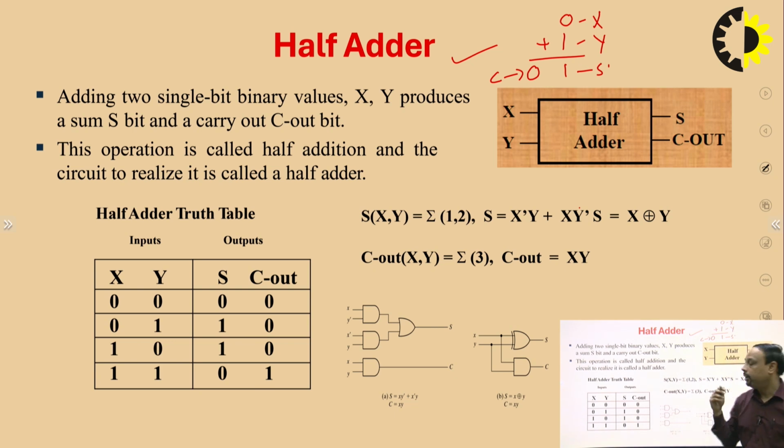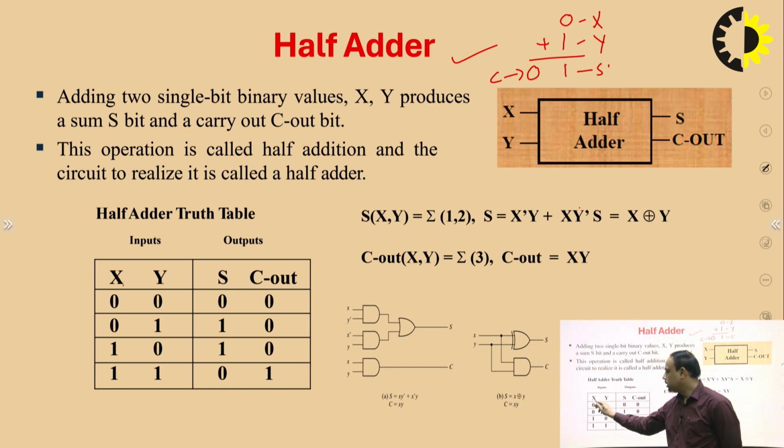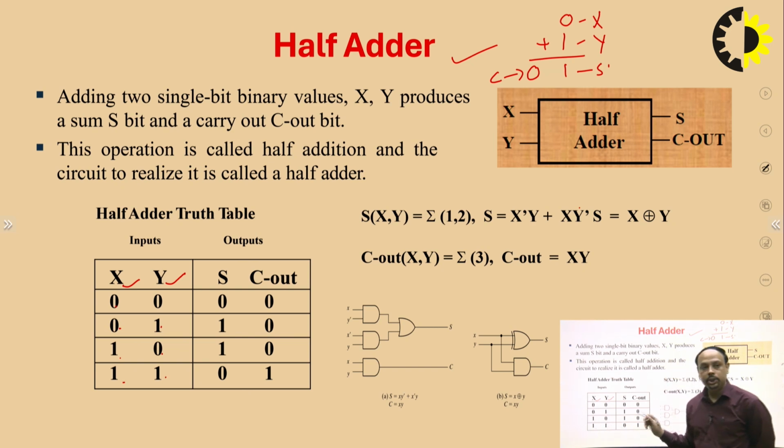In this way for all the possible combinations of the 2 bits we take the sum and carry as the output, produce the function, and then implement with the help of gates. If we take the example over here, this is input X and this is Y. This is a 2 bit input, so we have 4 possible combinations: 0 0, 0 1, 1 0 or 1 1. For each case we have sum and carry.